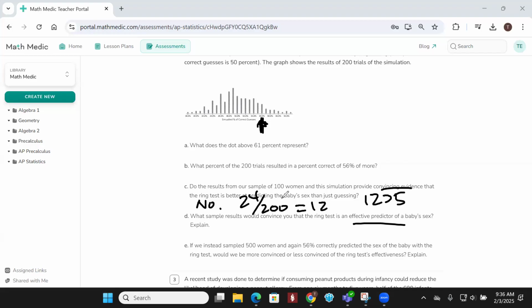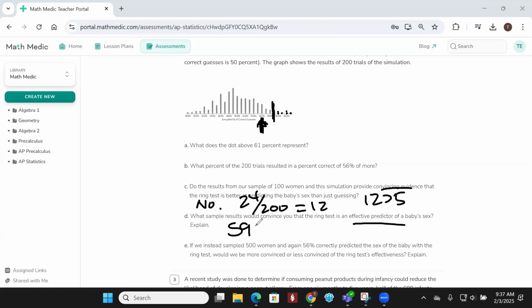If I did 200 simulations, 10, right? So then looking at this, I would count 1, 2, 3, 4, 5, 6, 7, 8, 9. Somewhere in here, right? Do you see it? Like 59% or more, right?